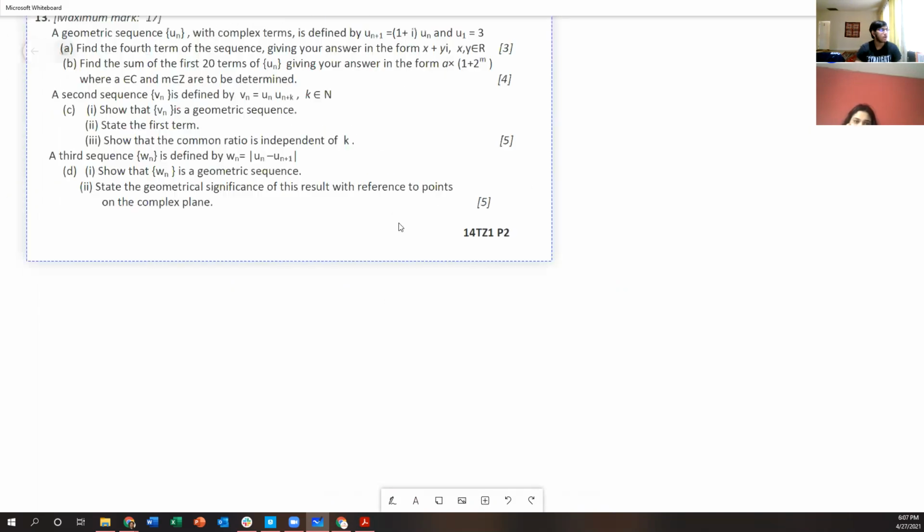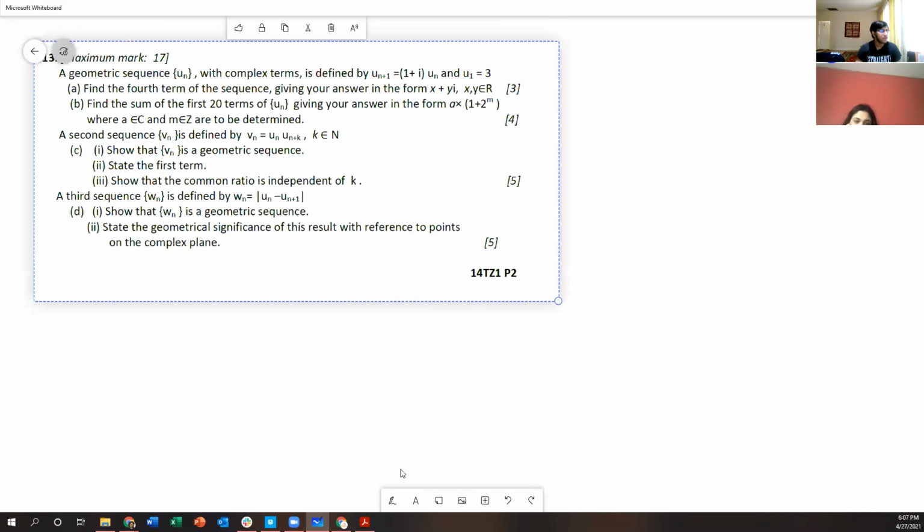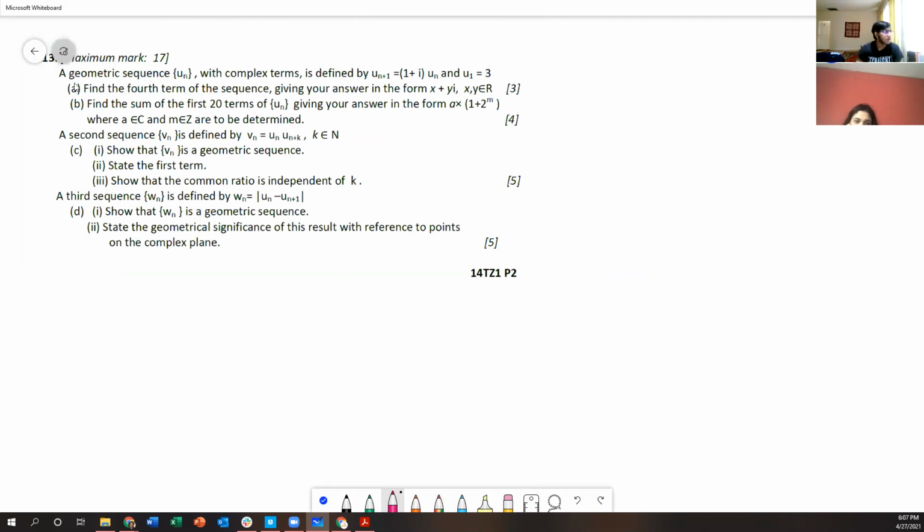Okay, all right. So if we look at part A, the geometric sequence has complex terms, and it's defined by u sub n plus 1 is equal to (1 plus i) times u sub n, and the first term itself is 3.